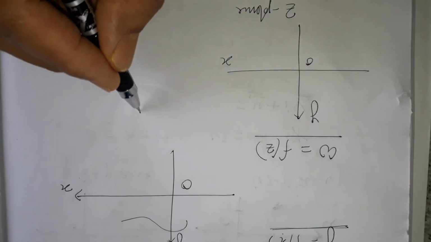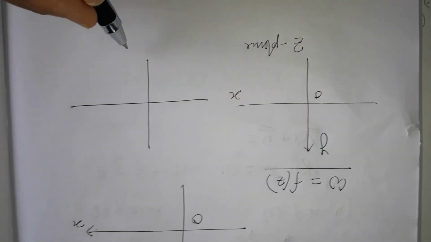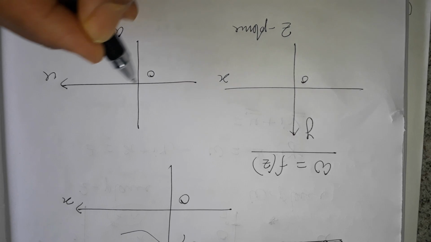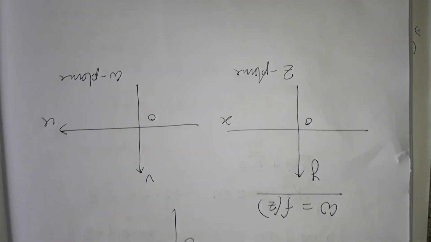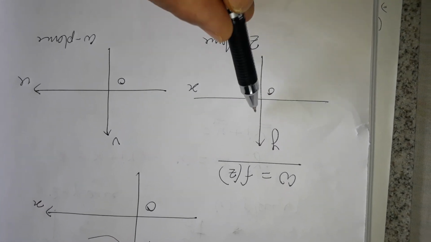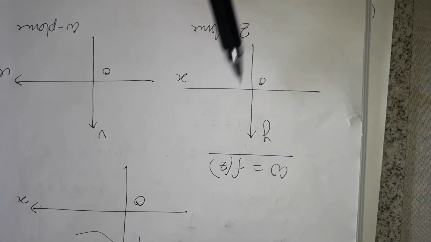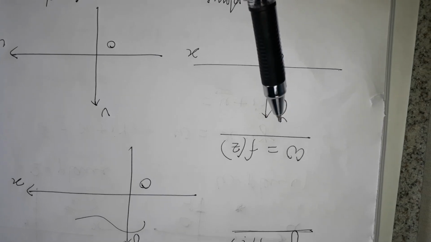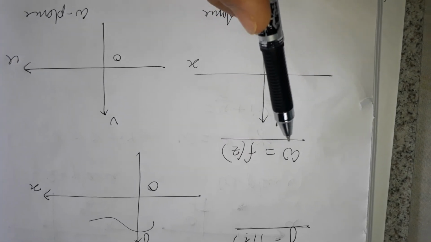So therefore it is sometimes convenient to use another plane, the w plane, and this is the real axis, this is the imaginary axis. So the points here are z and here the points are w. So corresponding to z, what happens for w?